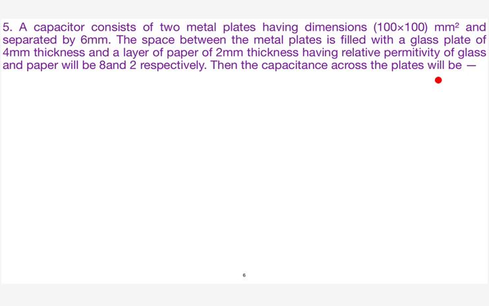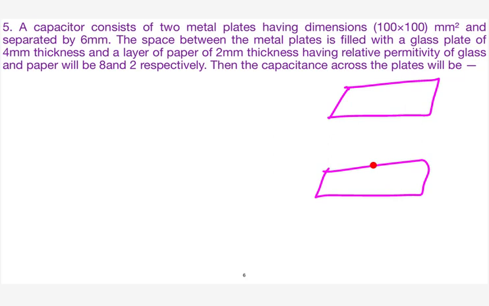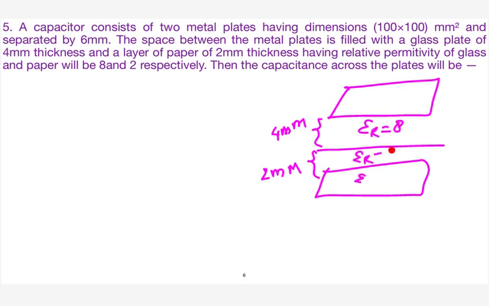Put it in a diagram so that you can understand easily. This is one plate and this is another plate. The space is filled with two different dielectrics. The first one is of 4 mm thickness and the second one is of 2 mm thickness, and this permittivity is 8 and this permittivity is 2. In this case, which is going to be constant, area or the separation?